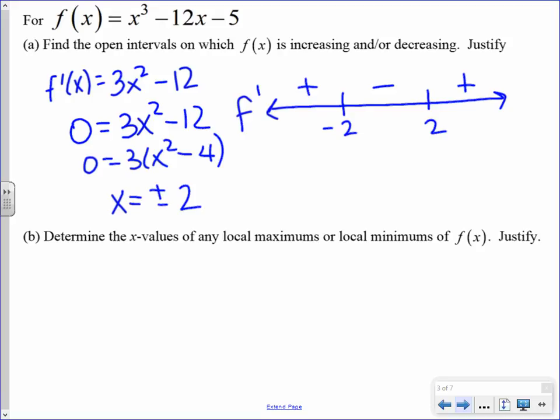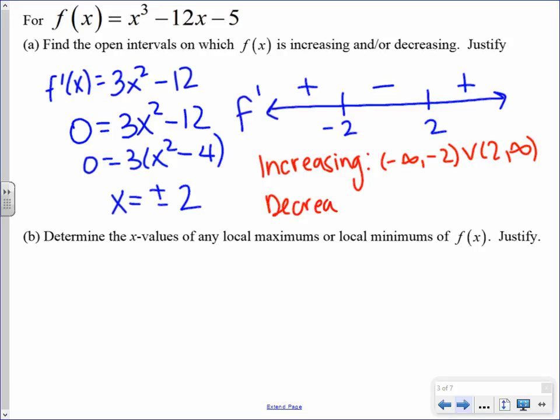So we identified our increasing intervals to go from -infinity to -2 and 2 to infinity, and our decreasing interval, -2 to 2. Now, the one extra step for the first derivative test is to identify from this number line our minimums and maximums.